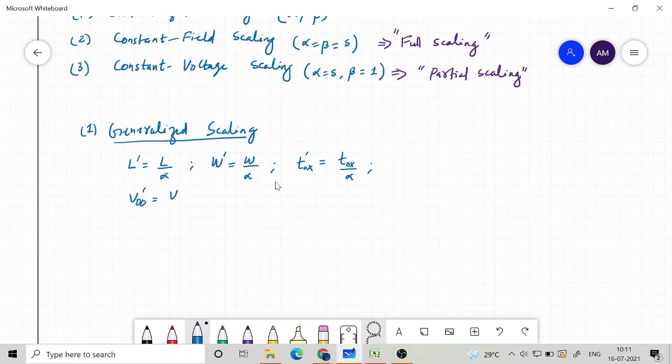So that is VDD by beta. And also VT dash is equal to VT by beta. So if we take these, what will be the consequence?